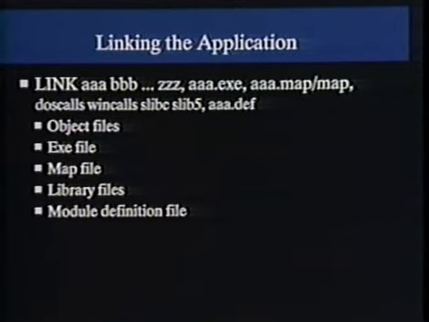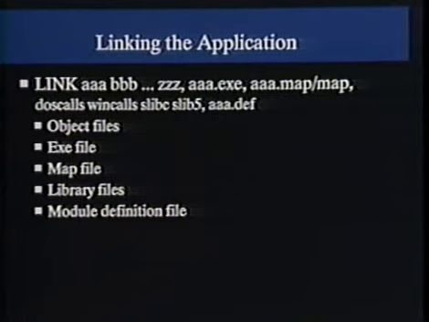We specify to the linker the list of object files that we created, and then we specify the name of the exe file that we're going to create, and any map file that we need. Then we list the libraries that we would be using in linking the application.